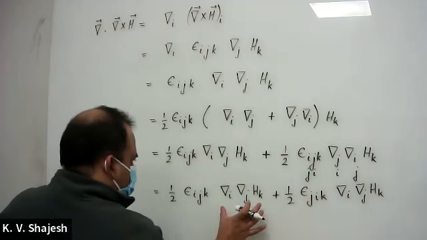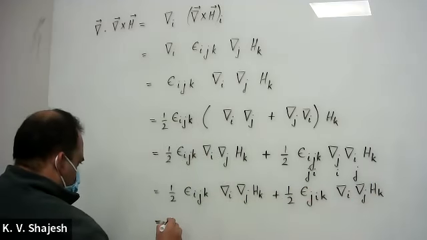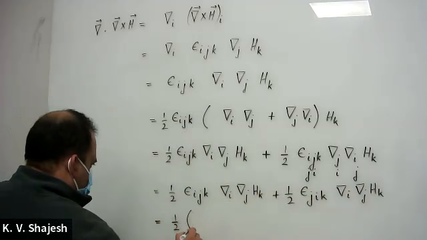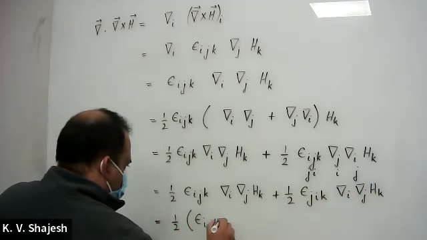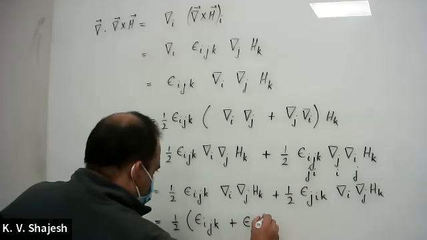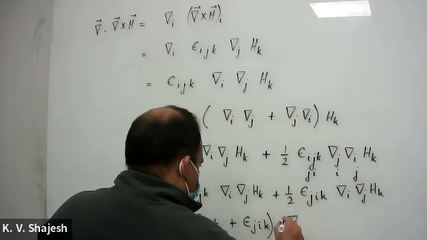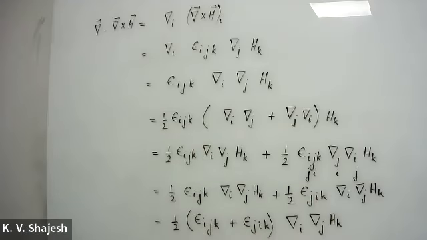And now this is in the same form. So I can write 1/2 of epsilon ijk plus epsilon jik, times del i del j h k. This is the same. Great.